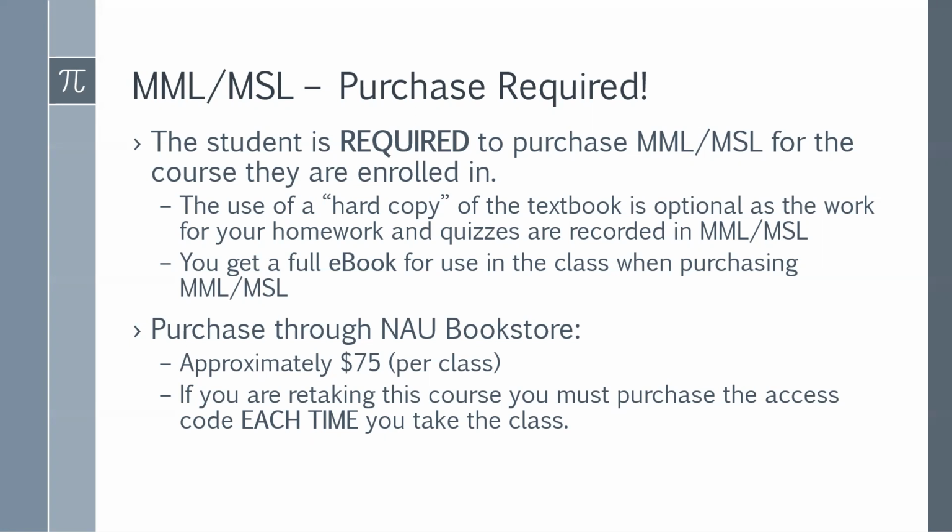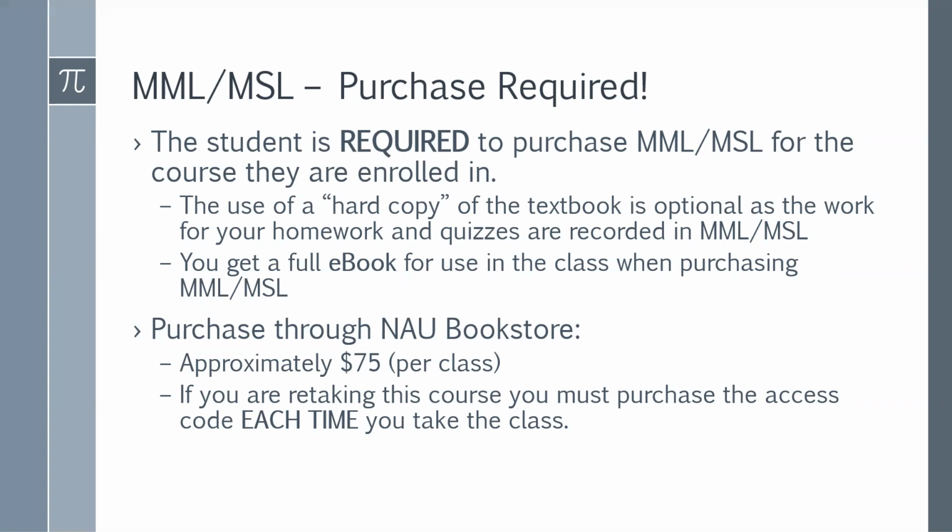Now, what I do want you to keep in mind is that access for roughly the $75 is a one-time deal for the class. So every time you take the class, it's $75. So say hypothetically, you're retaking the class, you will need to purchase that access every time you take the course.